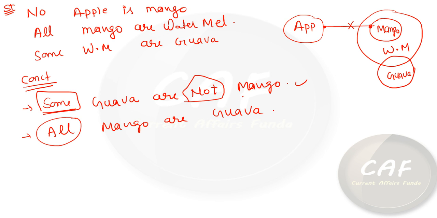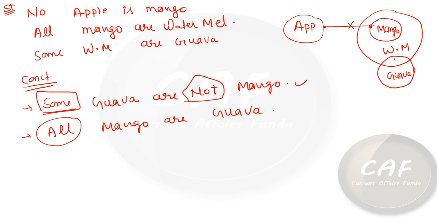So we just need to check the conclusions here. Some guava are not mango. Okay. So this is our guava here and this is our mango here. Fine. So from here friends, in the given figure we can't say some guavas are not mango. We only say some guavas are watermelon because the information is given here.